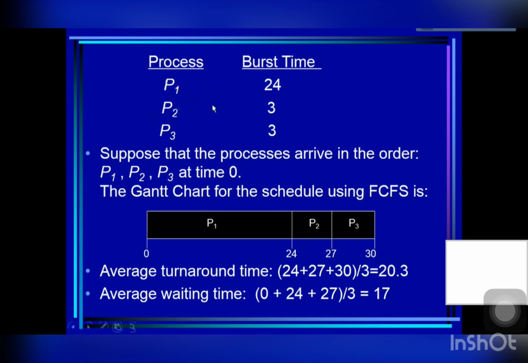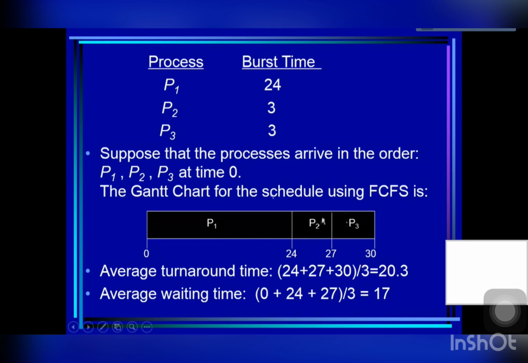P1 comes first, so it is allocated the CPU first. So from time 0, and its CPU burst time is 24, so till 24. P1 executes and terminates, leaving the system.